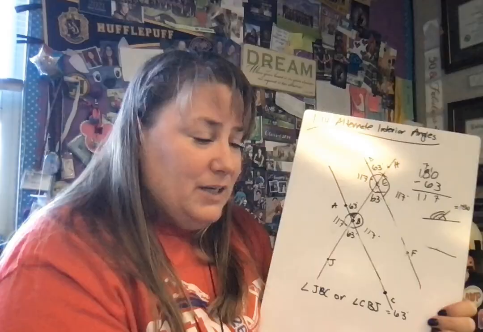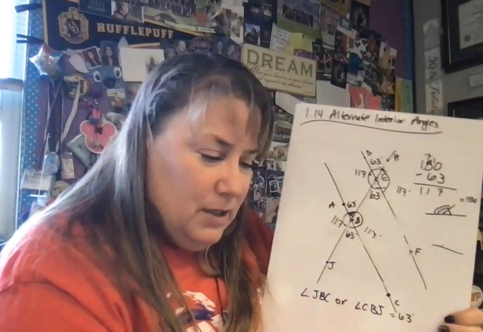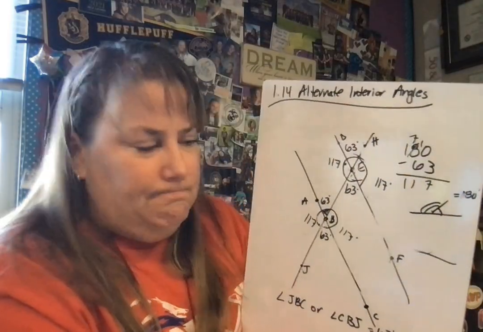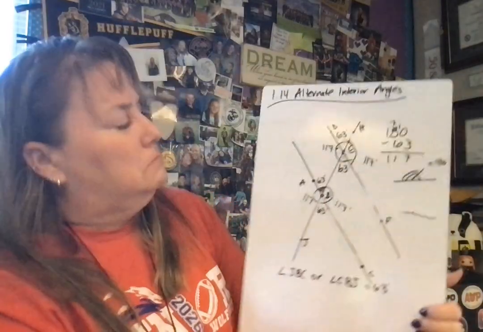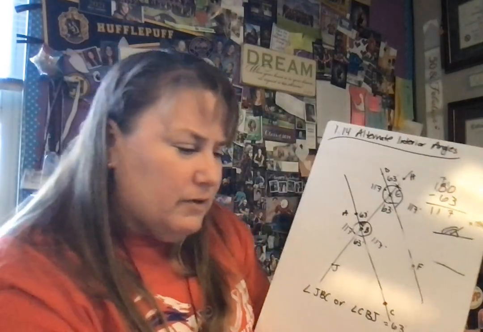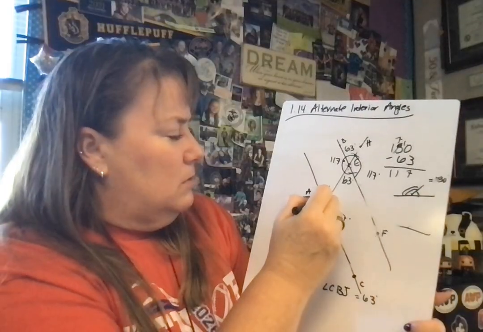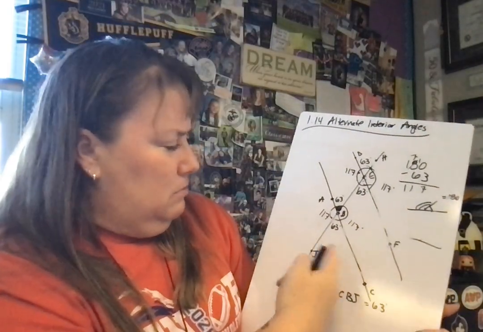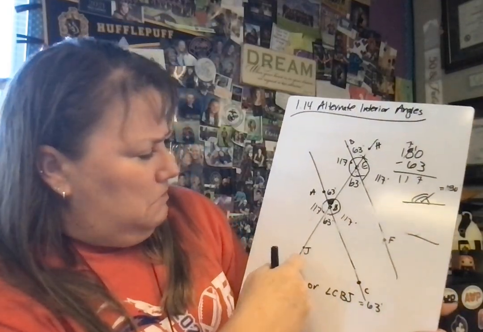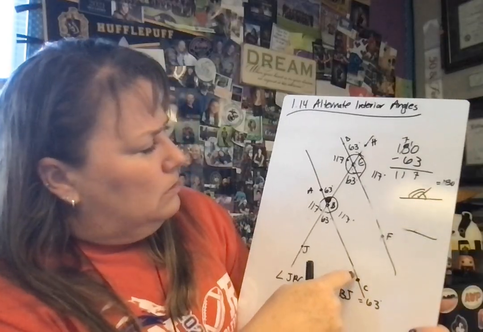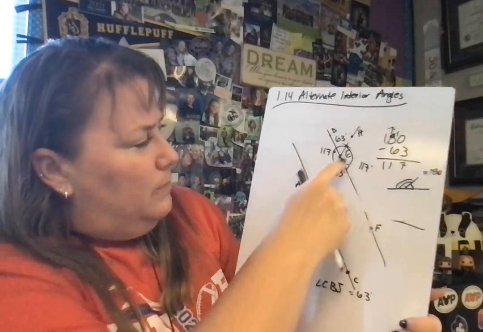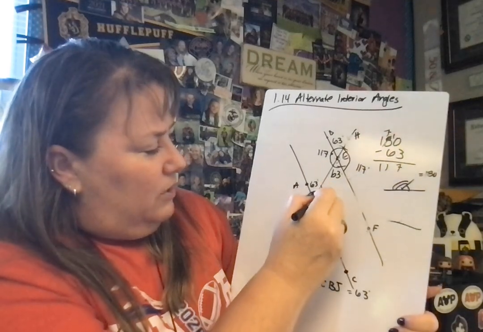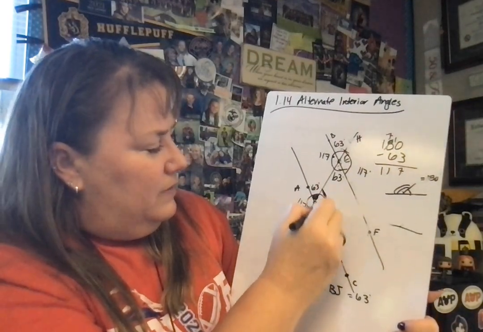So going back to the question, it says explain your reasoning. Well, pick an angle. Which one did they give us? Okay, they gave us this one. Let's go C, B, H. So this guy right here, that's the angle I'm naming.